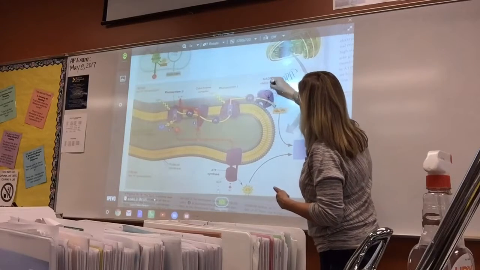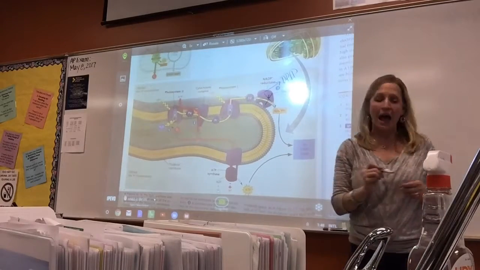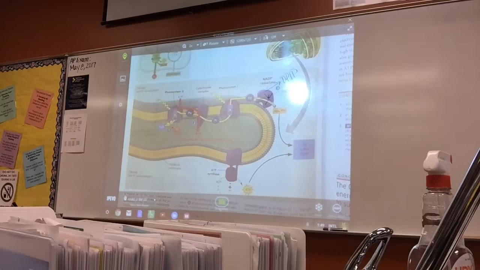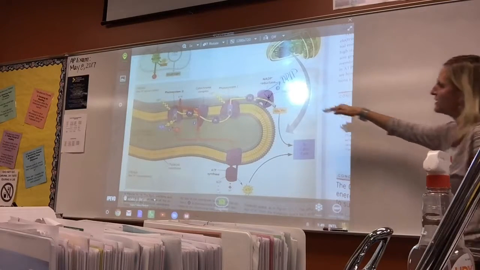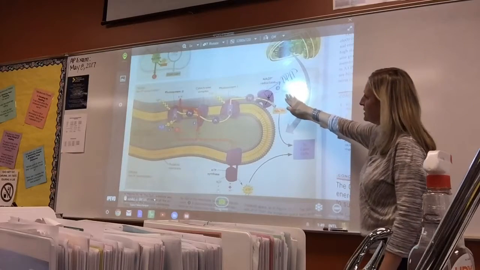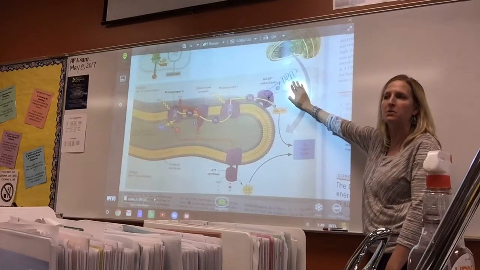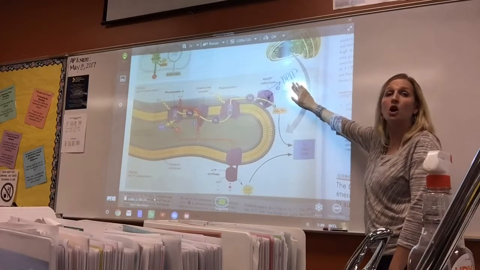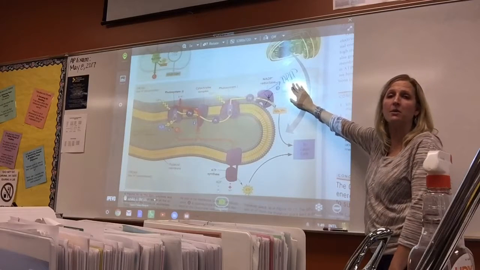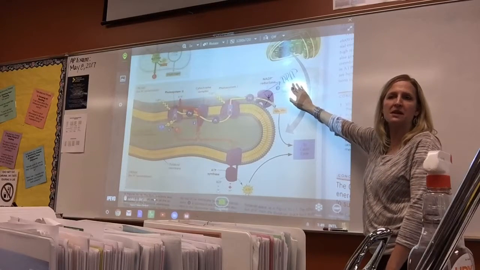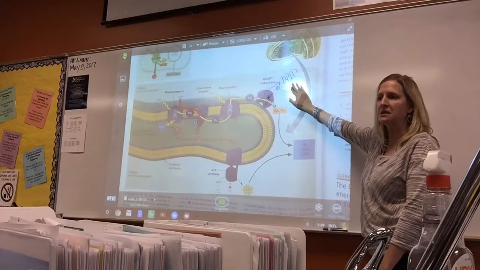These electrons instead go to DPIP. Why do you suppose those electrons would go to DPIP? If you have, in the chloroplast, DPIP and NADP+, what must be true about DPIP? It must be more, what have we talked about with electrons being accepted by molecules?